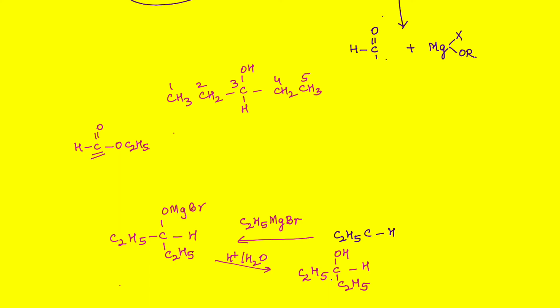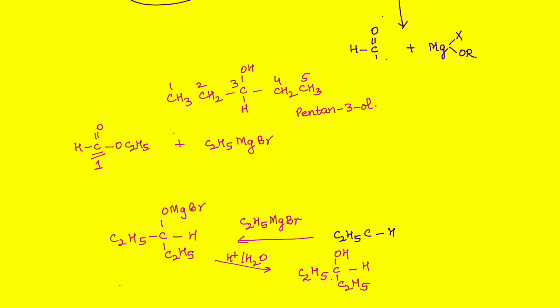Our original acid had only 1 carbon atom, but we ended up with an alcohol which has 5 carbon atoms, and the name of this would be pentan-3-ol. Isn't it interesting?